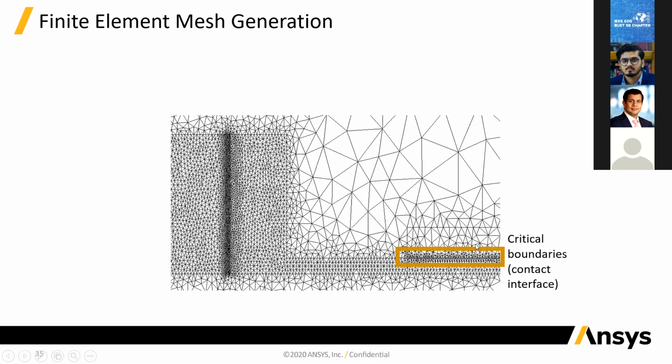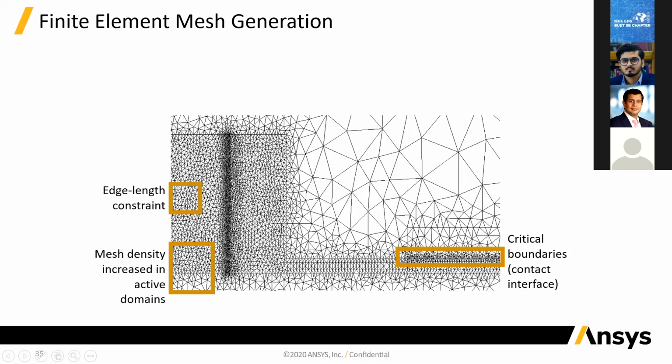So these are highlighting those facts. If you have a material interface, here we have a metal and semiconductor interface, so the mesh gets refined there. And the mesh is more refined inside semiconductors or active domains.